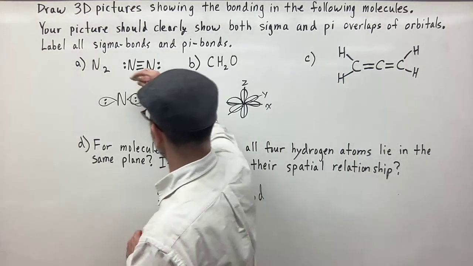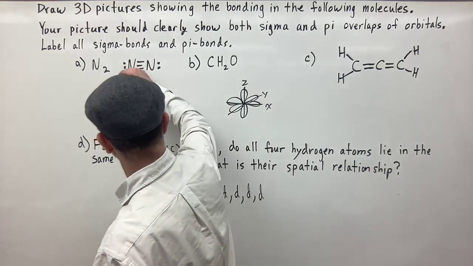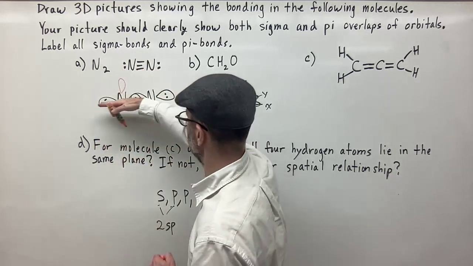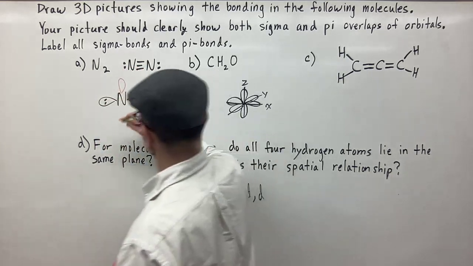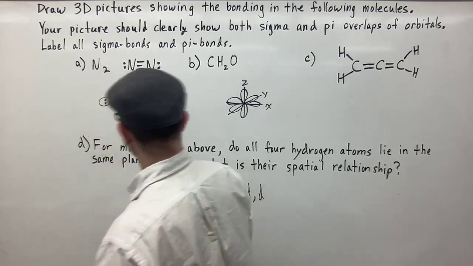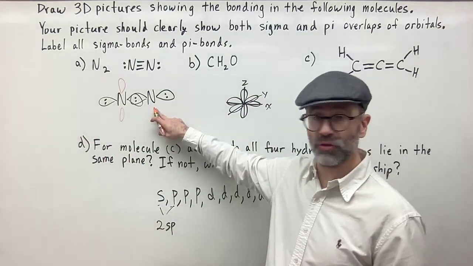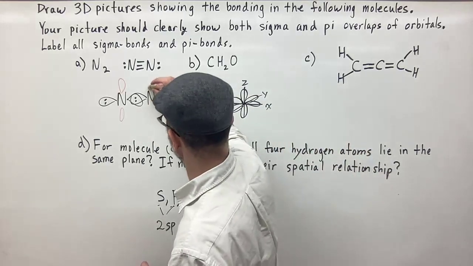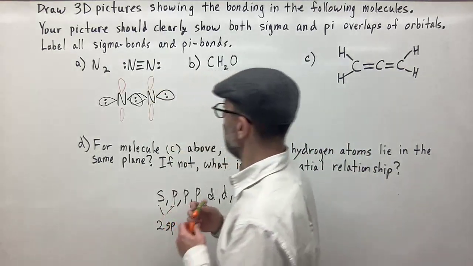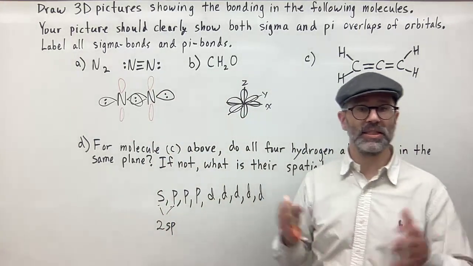Okay, so then I'm going to have an unhybridized p orbital perpendicular to the plane here, perpendicular to the axis. And then this nitrogen also is going to have an unhybridized p orbital. So that's going to be perpendicular. And what creates the pi bond is the overlapping.